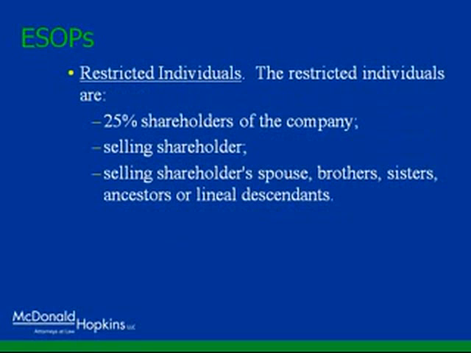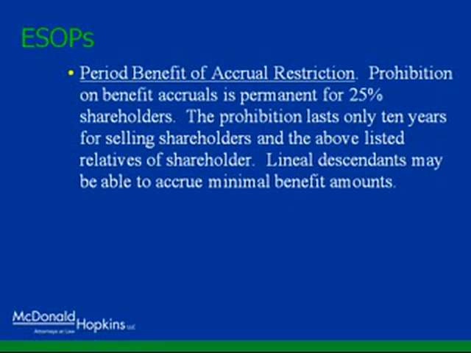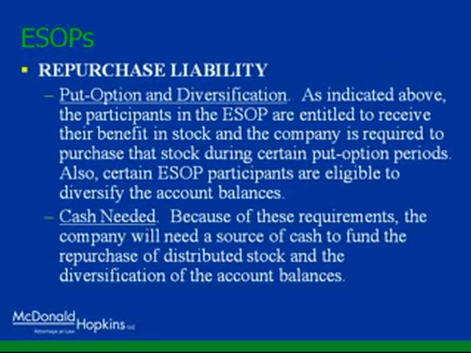Now, in the event that the selling shareholder elects not to take advantage of 1042, and we're seeing more and more of that with the current low capital gains rates, then these rules do not apply in the context of a C corporation ESOP transaction. The accrual restriction, depending on the situation, if it's a more than 25% shareholder, is permanent. As to the others, there's a 10-year holding period that they're prohibited from participating.